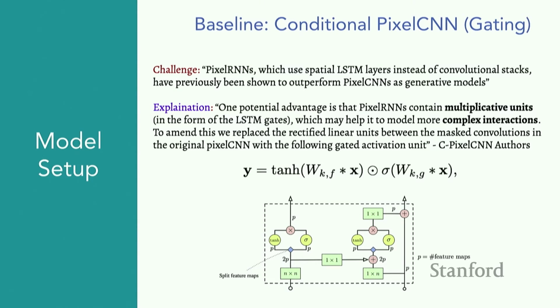They do that because PixelRNNs were shown to perform better on generation tasks, since they have multiplicative units which model some complex interactions. The authors basically changed the PixelCNN architecture to a gated PixelCNN architecture with a gating mechanism, using a sigmoid which acts as a gate and a tanh which acts as an activation.